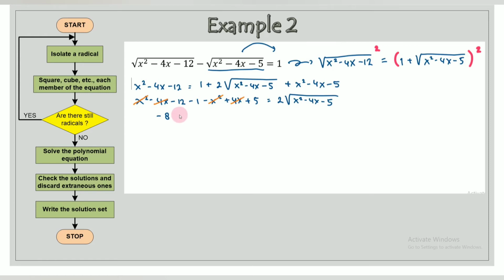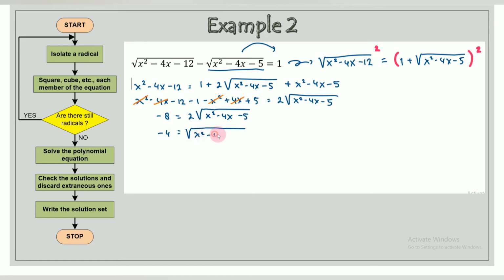Negative 8 equals 2 times square root of x squared minus 4x minus 5. Now we still need to isolate this radical. So let's isolate it by dividing both members by 2. So it will be negative 4 equals this one.